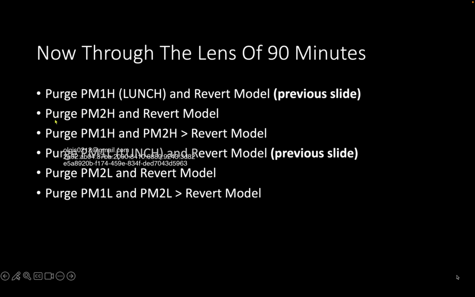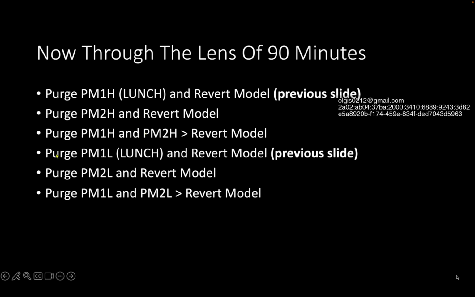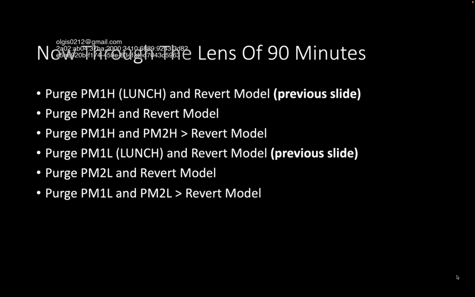Third bullet is the purge of the first PM high and the PM2 high, followed by a revert. The fourth bullet is a purge of the first PM cycle's low and revert model. This was again a previous slide. And then we have the purge of the second PM cycle's low and revert model. And finally, the purge of both the first and second PM session's low revert model.